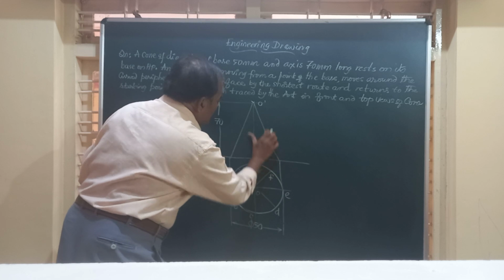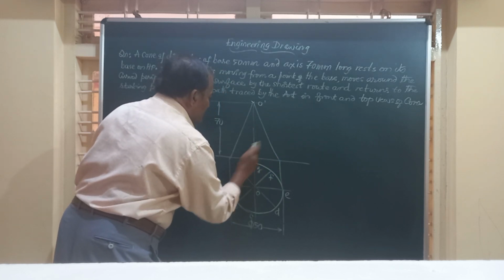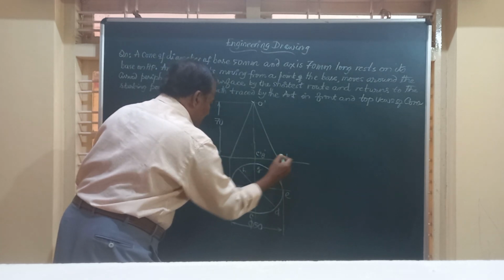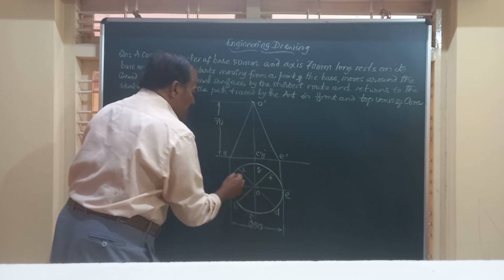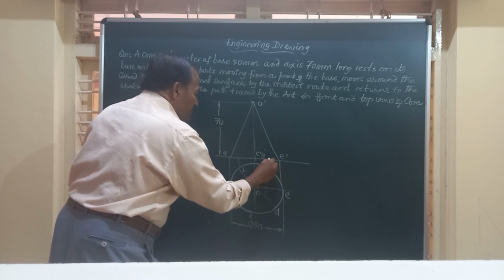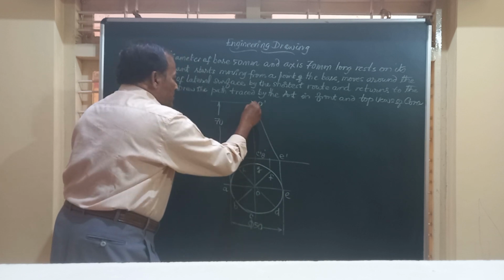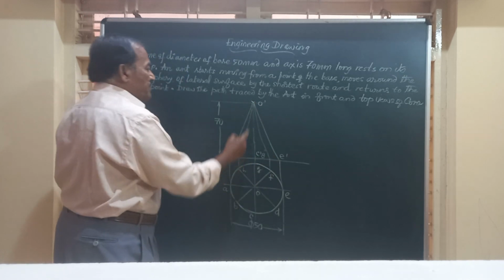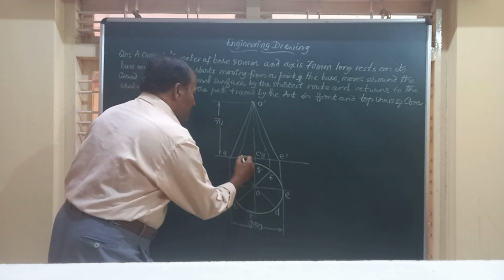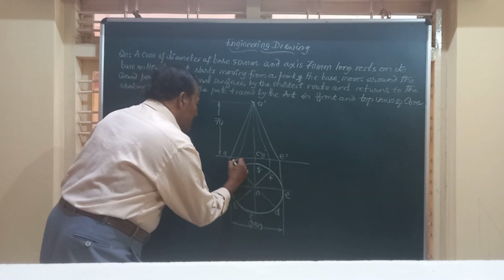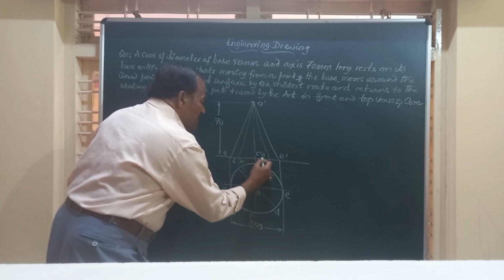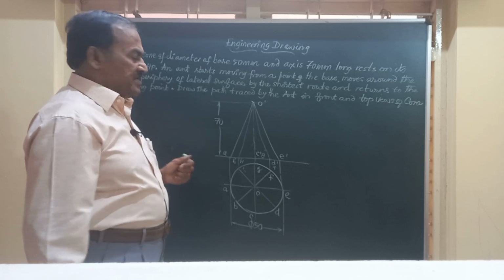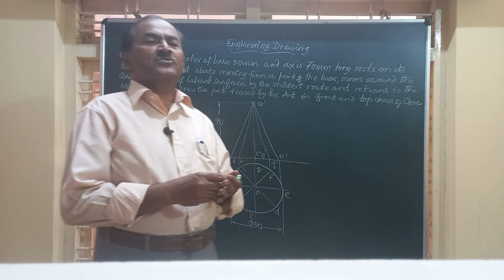So this is the point C and G, C dash, G dash, this is E dash, A dash here, B and H fall on this, similarly D and F. So we'll join all these points on the base to the apex O. So this is B dash, H dash, this is C dash, G dash, this is D dash, F dash. Friends, this is the top and front views of the cone.